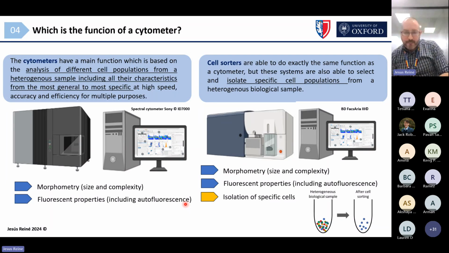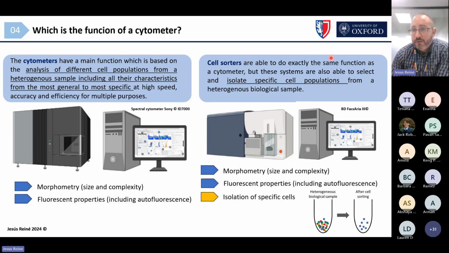So the fluorescence can be inherent to the cells, and when this happens, we call it autofluorescence. It can also be induced by antibodies conjugated to fluorochromes, because we expose the conjugated antibodies to the laser. The antibodies recognize the proteins on the surface or inside, they are exposed to the laser, and finally this information goes to the computer system to interpret the data.